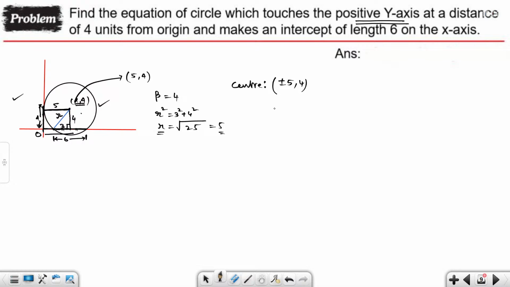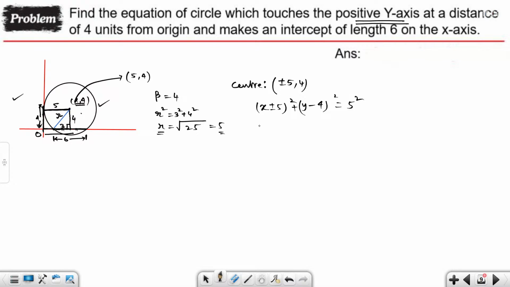Thus, the equation of the circle will become, using the center-radius form, (x plus minus 5) square plus (y minus 4) square equals 5 square.